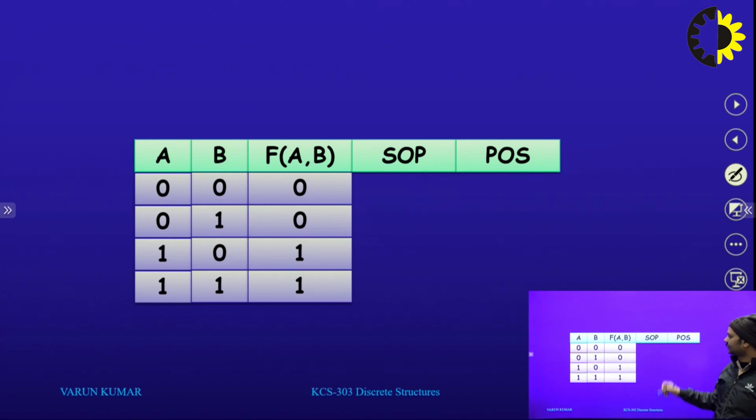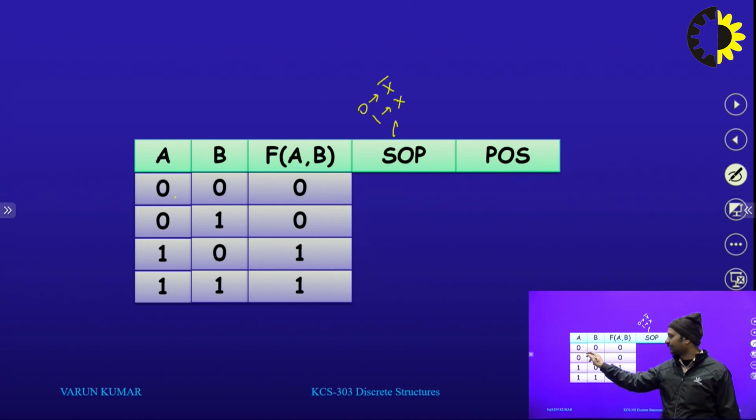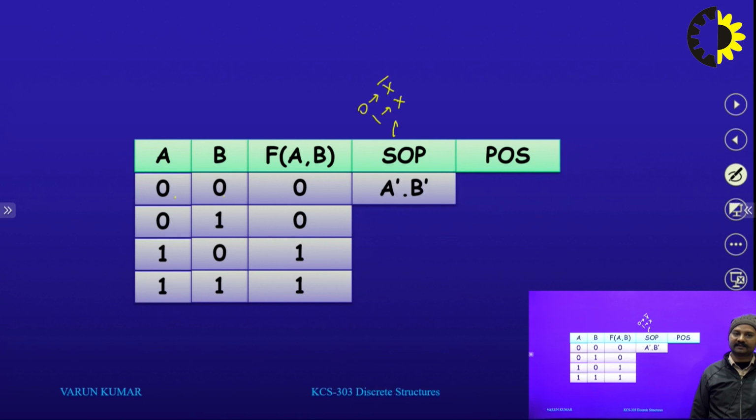In SOP, for a particular variable x, 0 is converted into x bar and 1 is converted into x, that is, the literal. 0 is converted into the complemented literal and 1 is converted into the literal. So what is the value of A and B? A is 0 and B is also 0. So it is written as A dash dot B dash, sum of products.